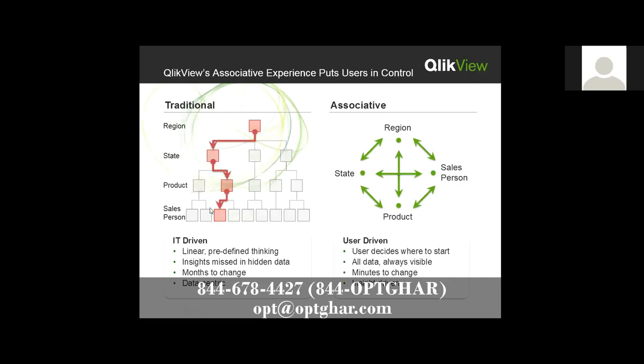Whereas in a traditional BI tool, everything is predefined, and the hierarchy of data implemented in cubes is predefined. If the user wants to go out of the box and analyze the data, they will have to go through the IT team again and change their cubes to reflect it in their reports. But in Qlikview, they decide what and where to start and what to see.